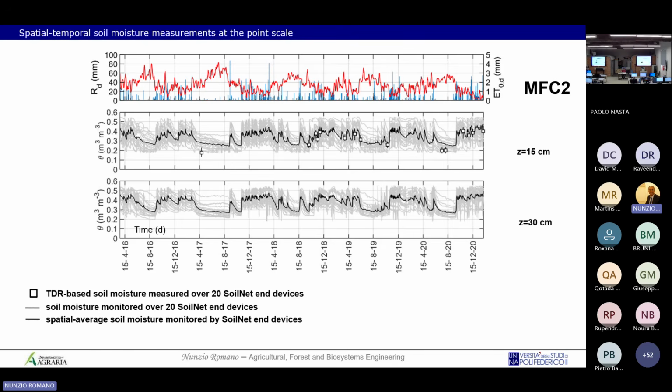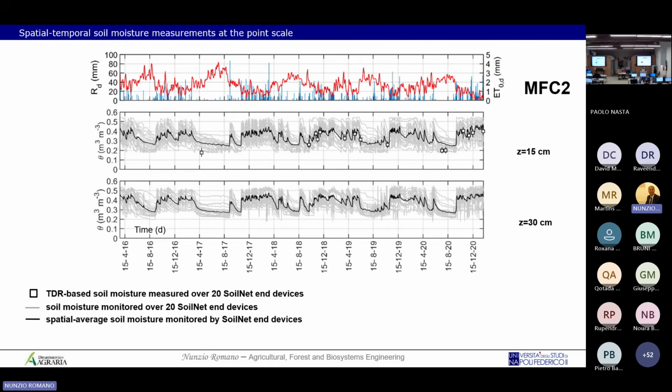In the two plots below, the green lines give you the water content measured by each sensor, and the black line is the average water content in the entire catchment.